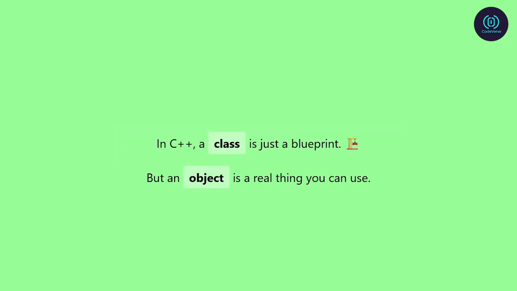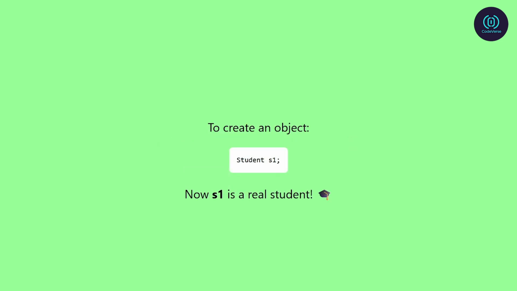In C++, a class is just a blueprint, a design. But when you create an object from that class, you're saying, hey, I want an actual, working thing based on this design. So how do we do that? It's simple. Just write the class name, followed by the object name. Like this: Student s1.